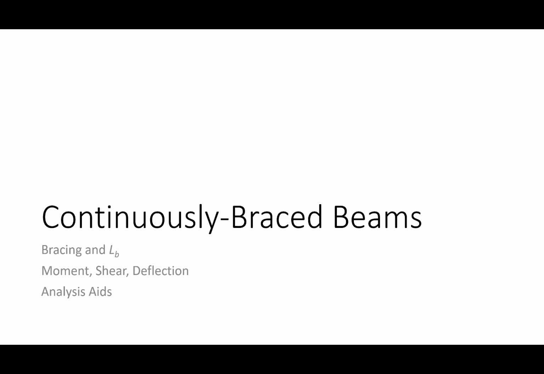Is that a fair statement? Because that statement is not only reflected by the math. I can look at the equations and see that as KL over R gets bigger and bigger, phi Pn is going to get smaller and smaller. That's just the math of it. But is that represented also by the real world aspect of it? Well, true. That's true too. As a column gets more and more slender, it's going to get weaker, right? So hopefully that makes sense.